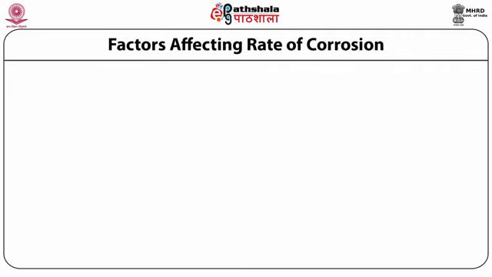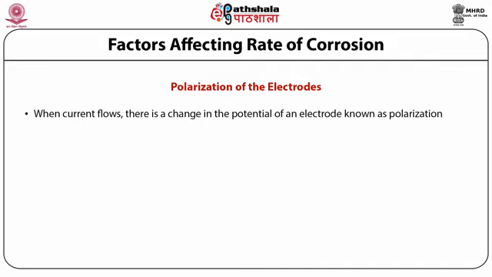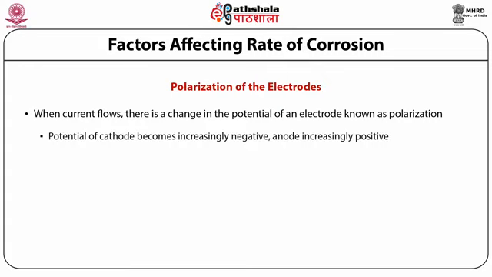Now we will see the different factors that affect the rate of corrosion. First one is polarization of the electrodes. When current flows, there is a change in the potential of the electrode. This is known as polarization. As the current begins to flow, the potential of the cathode becomes increasingly negative and the anode increasingly positive.